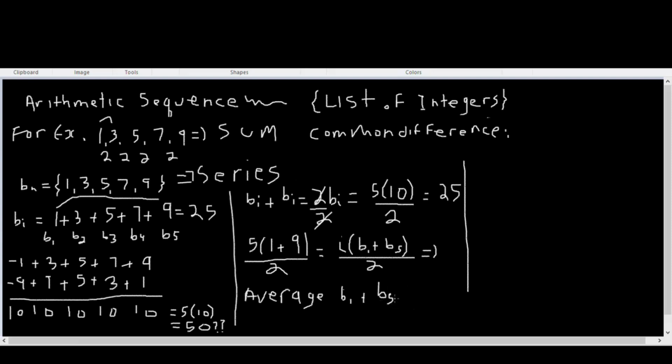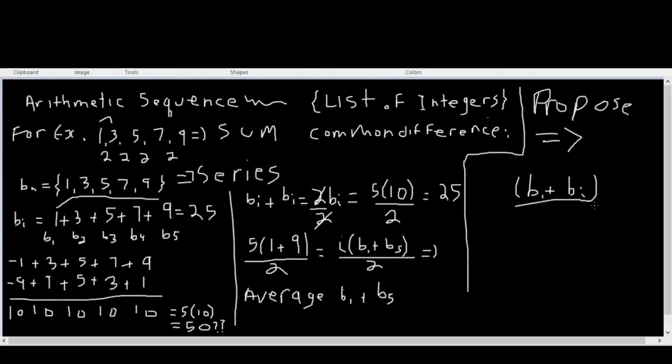So we propose the general formula for an arithmetic series is i times the first term plus the last term, b sub i, all over 2. It's finding the average of the first and last term, and then multiplying it by i times. Make sense? So we propose that the general formula for an arithmetic series is i times b sub 1 plus b sub i all over 2.